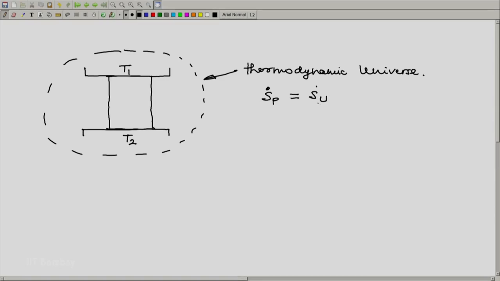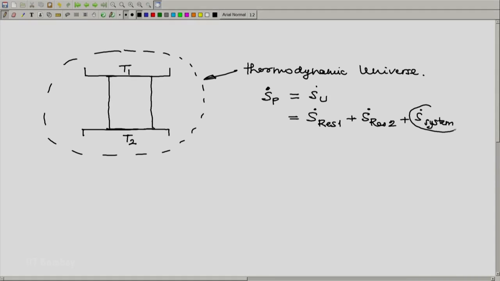And since the universe consists of 3 subsystems, this will be the rate of change of entropy of reservoir 1 plus the rate of change of entropy of reservoir 2 plus the rate of change of entropy of our system itself.